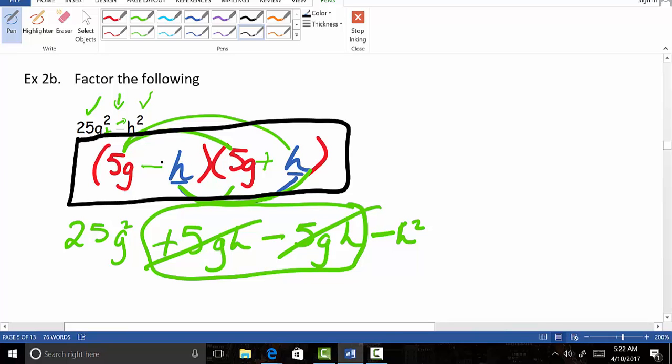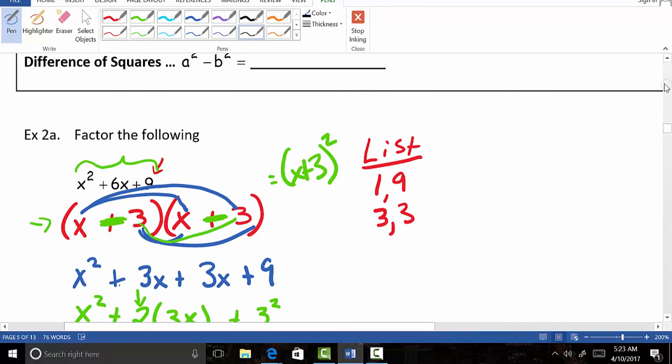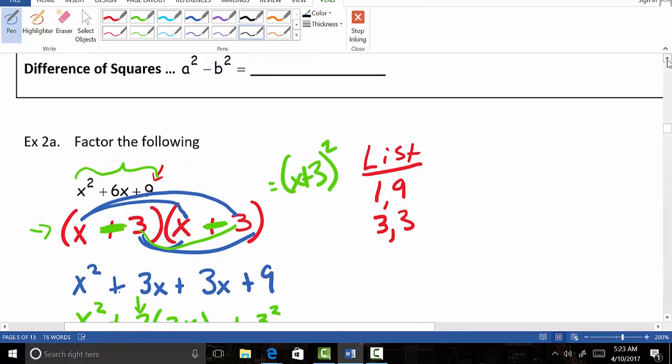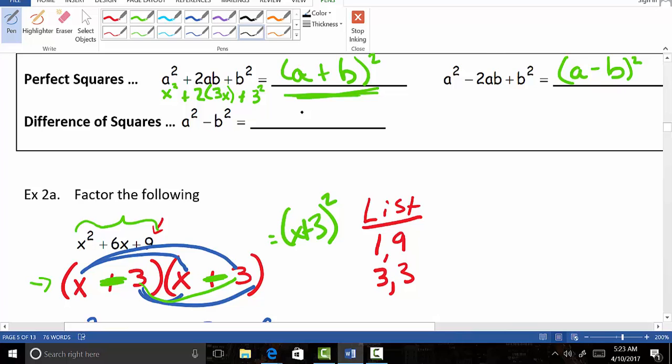Now this leads us to an interesting definition, and that is the difference of two perfect squares. Anytime you see a perfect square and another perfect square, and the key is that you are taking the difference of those two perfect squares, then it will always factor into the form a plus b times a minus b.